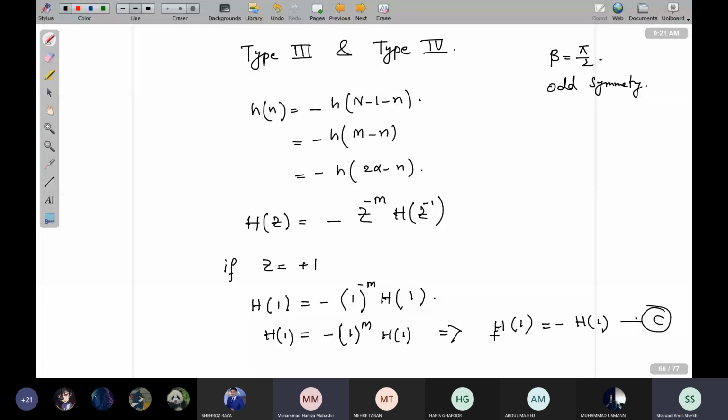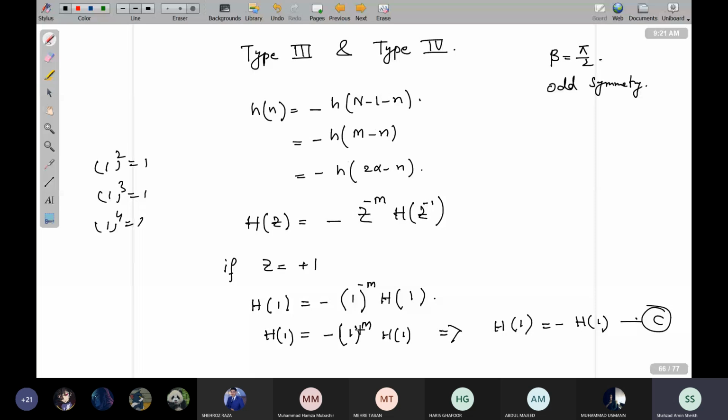This equation is telling me that h of 1 must be equal to 0, because this equation will only be satisfied in the case when h of 1 is equal to 0, and there is no restriction on m. There is no restriction on m because 1 raised to any power, whether odd or even powers of m, is 1. So 1 raised to power 2 is equal to 1, 1 raised to power 3 is equal to 1, 1 raised to power 4 is equal to 1.